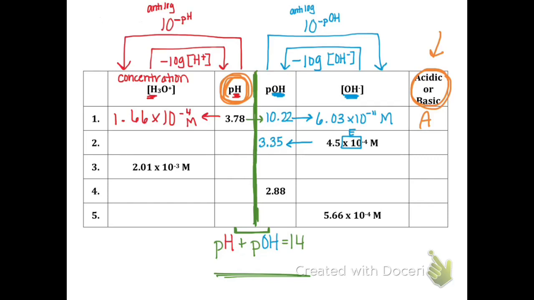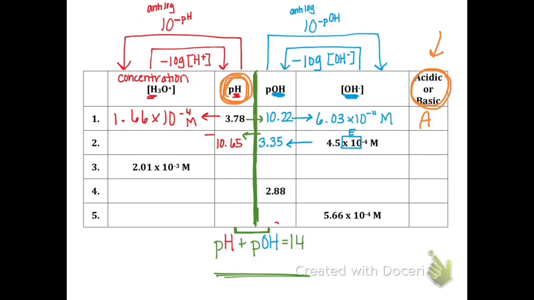Okay, so now we want to cross this, and we want to go to this side to find pH. You know that pH and pOH are linked by 14. So if you do 14 minus 3.35, then you can find the pH, which is 10.65.